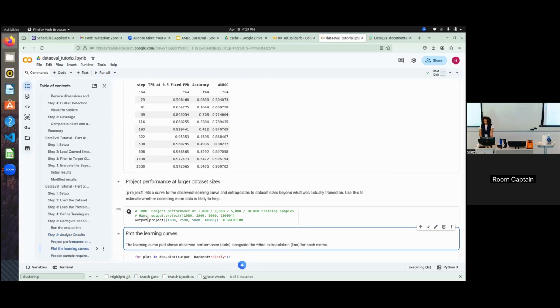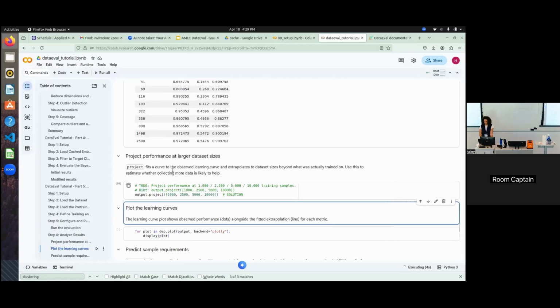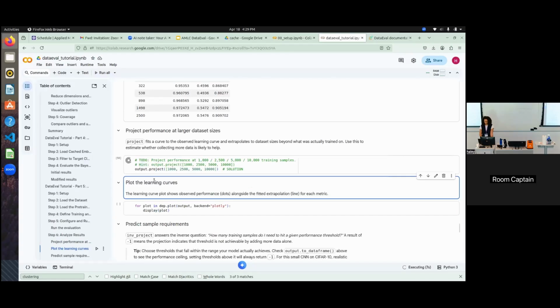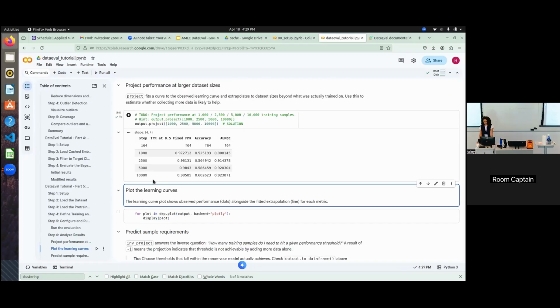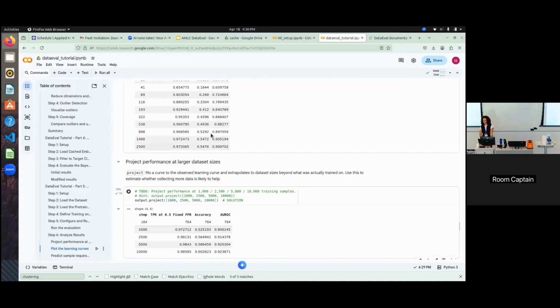You can also project it out. So these are projections forward based off of what information was obtained initially here.